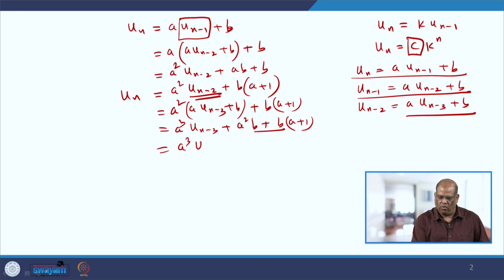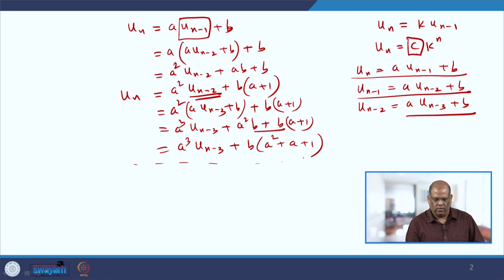This is a cube un minus 3 plus b common, a square plus a plus 1. Now, if we continue this, you can clearly see that if this is 3, this is n minus 3, and this is 1 less. So, if this is 4, this is going to be n minus 4, and this is 1 less, which will be 3.